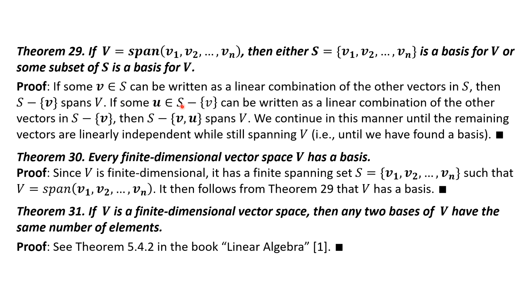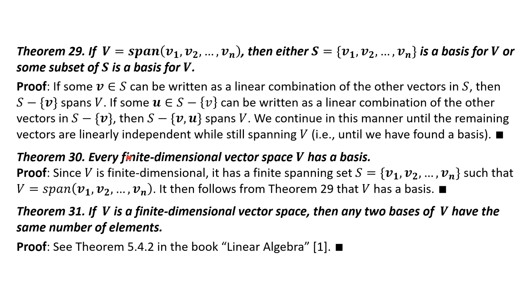If U, an element of S minus V, can be written as a linear combination of the other vectors in S with V removed, then S minus U and V, in other words, U and V removed from S, spans V. And we can continue in this manner until the remaining vectors are linearly independent while still spanning V. In other words, until we've found a basis.